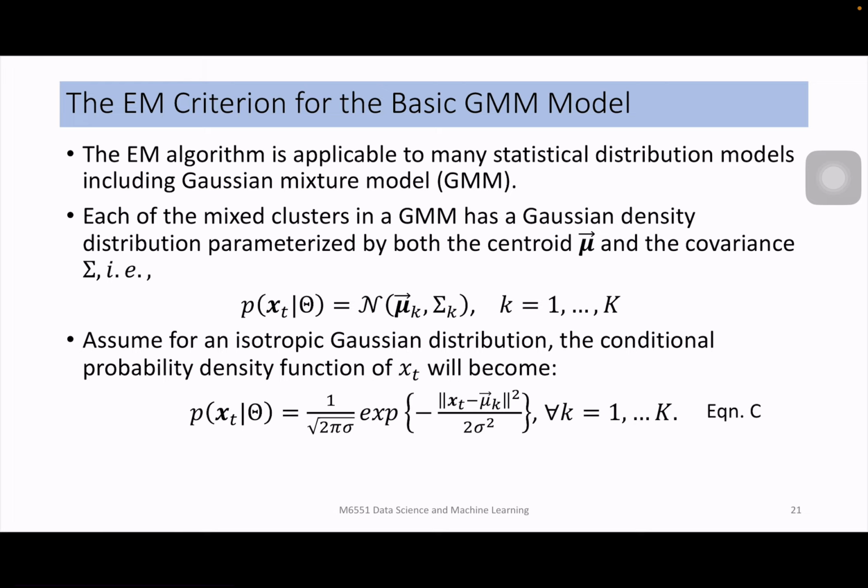Assuming an isotropic Gaussian distribution, the conditional probability density function becomes p of xt given theta equals 1 over the square root of 2 pi sigma, times the exponential of minus the absolute observed value minus mu, squared, divided by 2 sigma squared, encompassing K in the given equation.